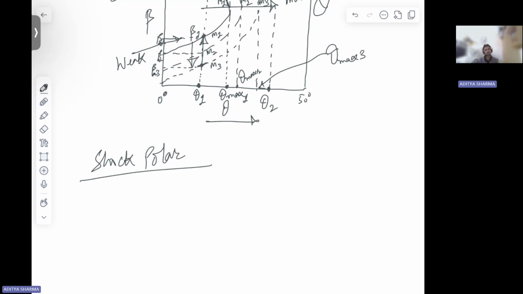Those downstream of your oblique shock, that is, at the back of your oblique shock. In front is your flow stream conditions, and at the back, how the shock has affected your flow, the Mach number or the velocity.